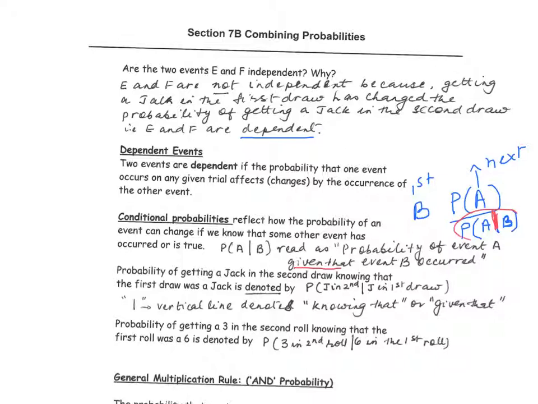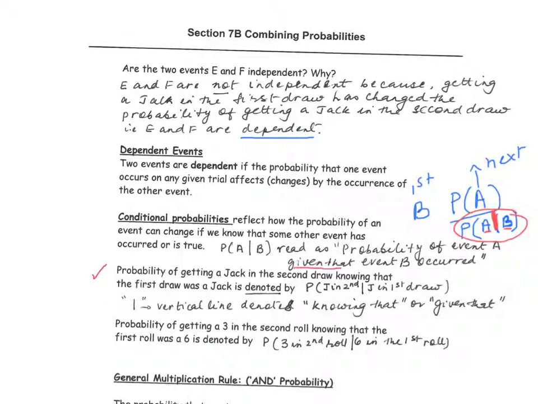So this notation stands for the probability of, as usual, the event A given that B happened. So let's see how we can denote given probability statements using conditional probability.